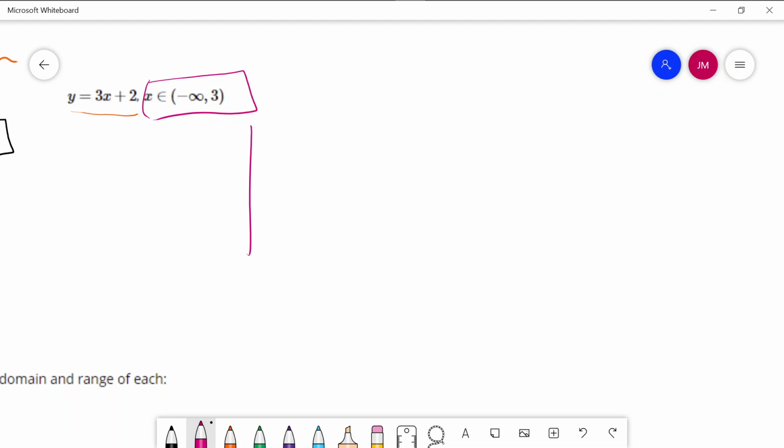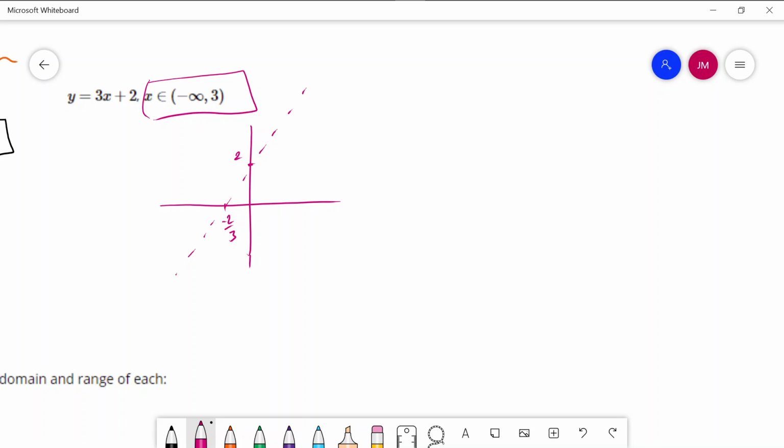Just like we would normally sketch a linear equation, our y-intercept is at 2, and we need one other point, so we could use a gradient of 3. I always like to do the two intercepts, so when y equals 0, I'd get x equals negative 2 on 3, or negative 2/3. And the graph would go all the way through here, going to infinity and infinity. So that's what a normal graph looks like.